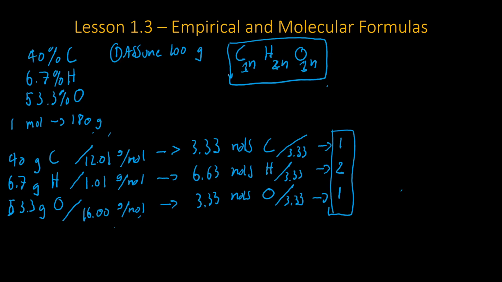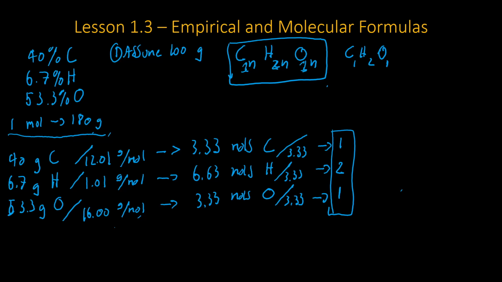Now it's time to find out the molecular formula. Remember, they told us we have 180 grams per mole. Right now, if I was to define C1H2O1, what would this weigh in grams per mole?